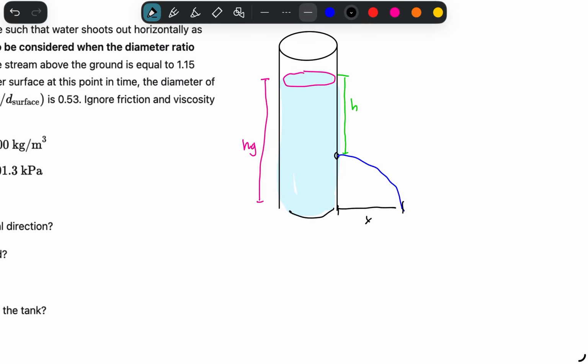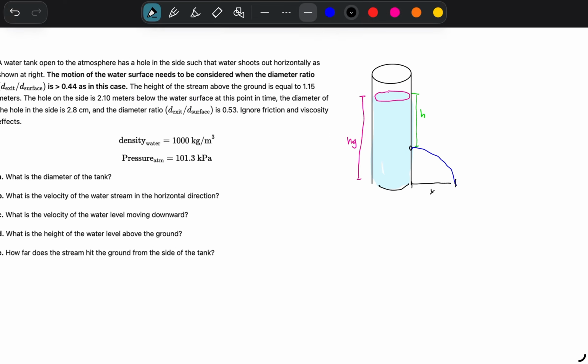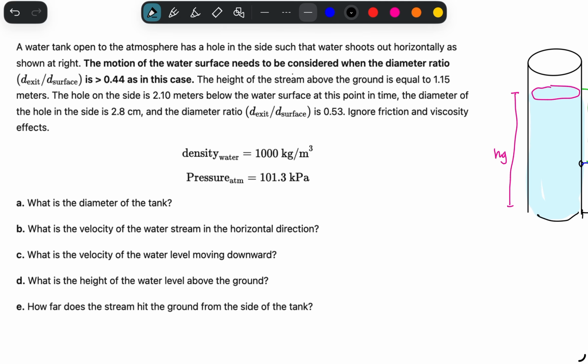So let's read this question. The motion of the water surface needs to be considered when the diameter ratio is greater than 0.44. So the height of the stream above the ground is equal to 1.15 meters. So here we have that it's 0.53.